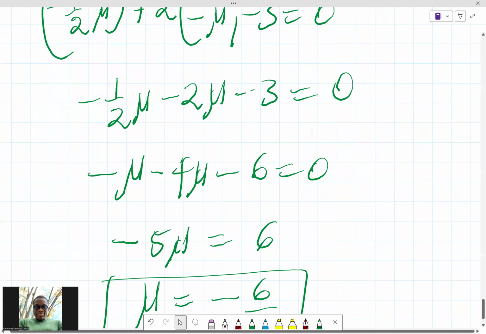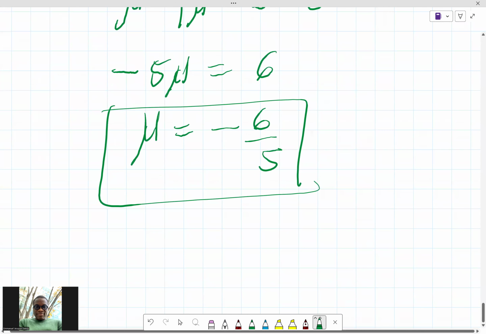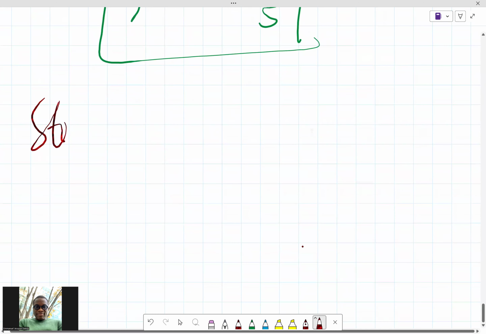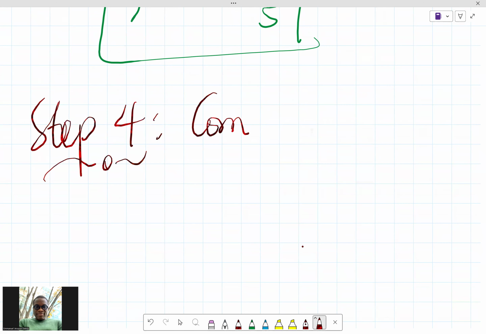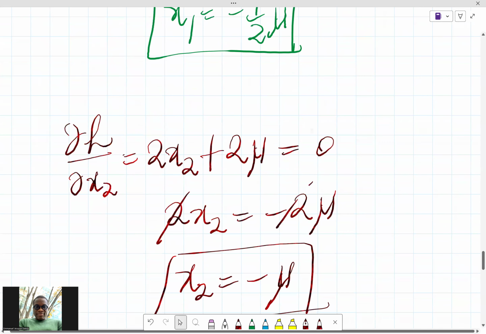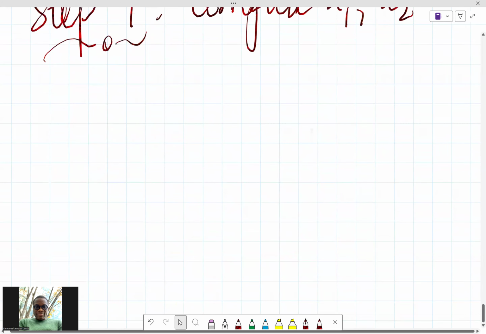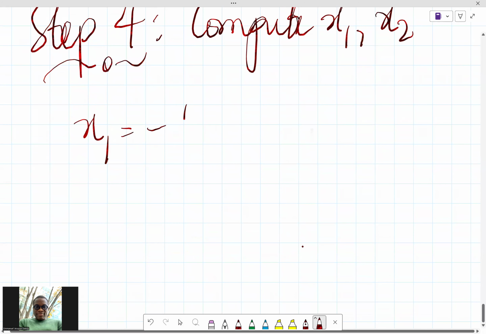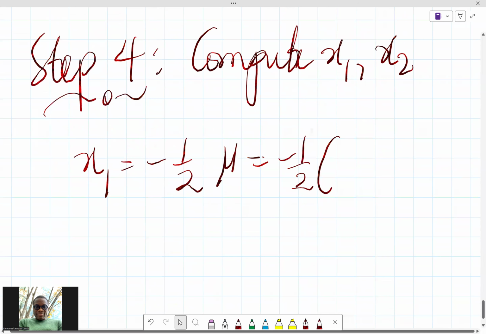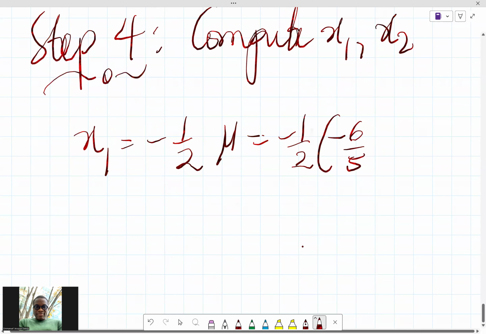So with that, now we have step 4, where we can compute x1 and x2 finally. We already know that x1 is minus half mu. That means minus half multiplied by mu, which is minus 6 over 5.